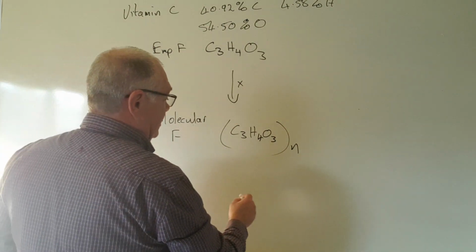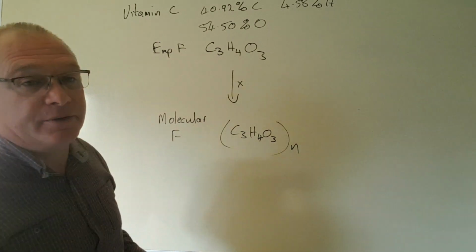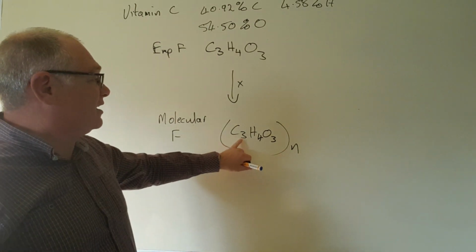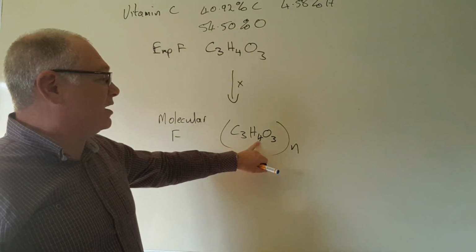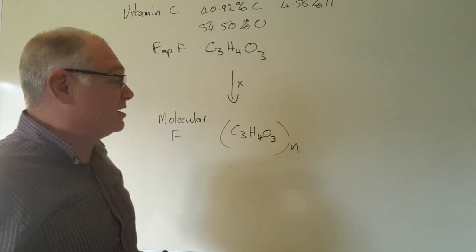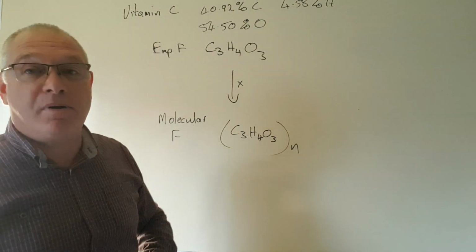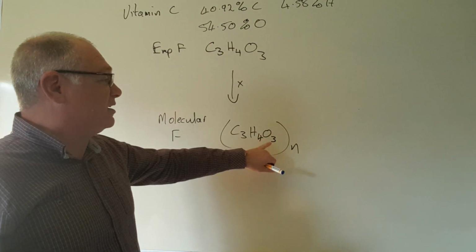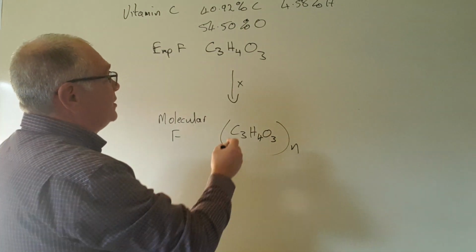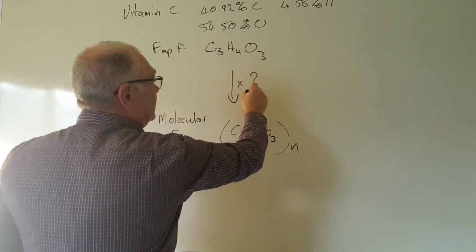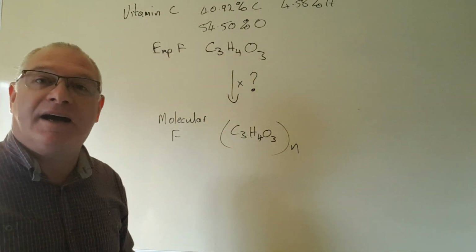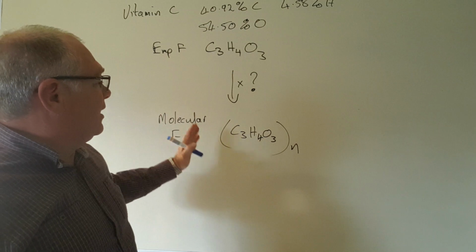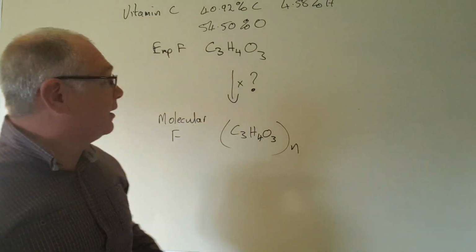It might be that we have to multiply by 2, in which case we'll have C6H8O6. It might be that we have to multiply by 5 and we get C15H20O15. So the question is, what is this multiplier? How do we work out the multiplier?